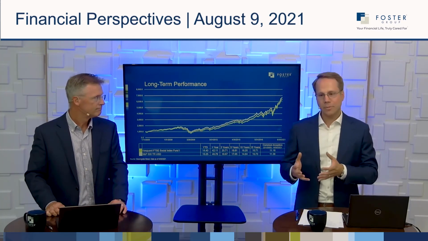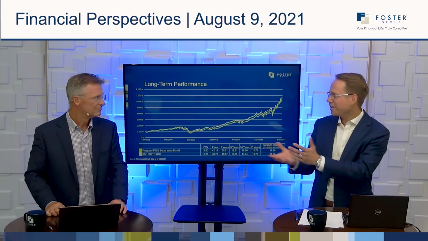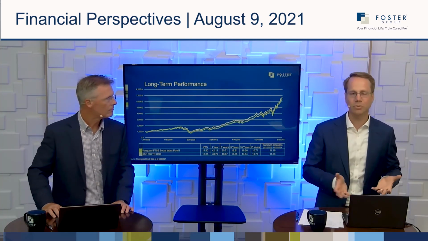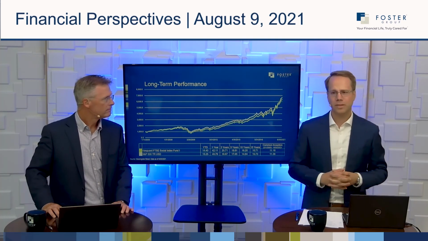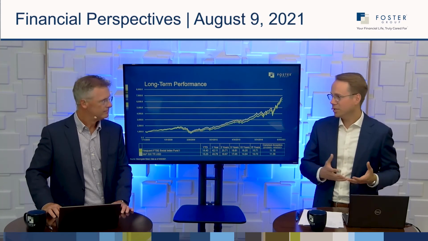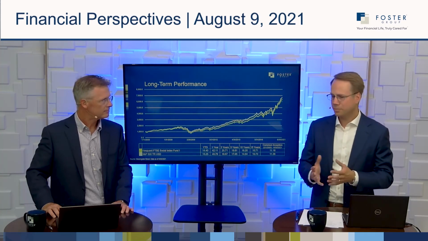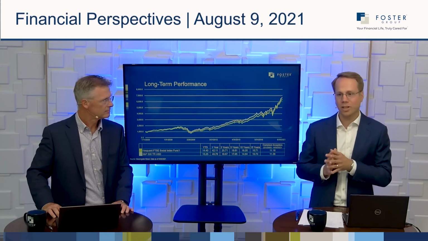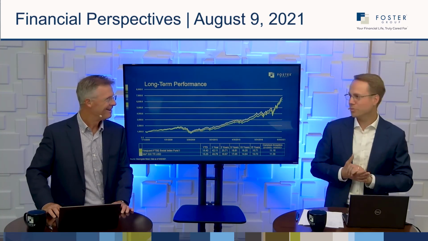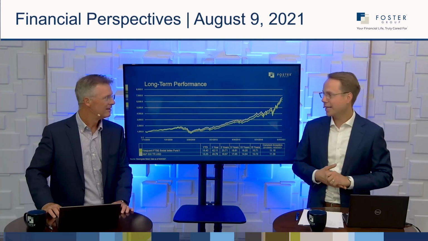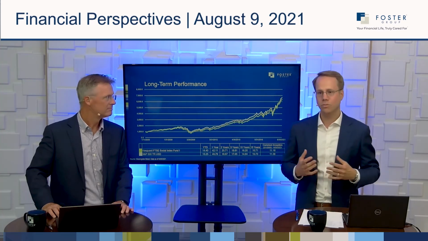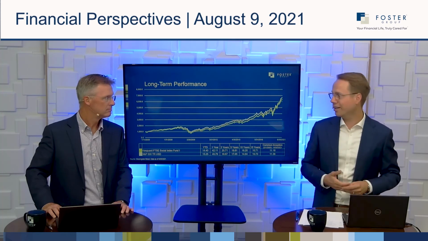For an individual or family, it's starting right in the conversation we just talked about with an advisor. Just have the conversation and bring up the things that are most important to you when it comes to your investment portfolio. If you are a Foster Group client, just talk to your advisor. If you're not working with Foster Group currently, we'd be more than happy to have an informal conversation about what this could practically look like for you.